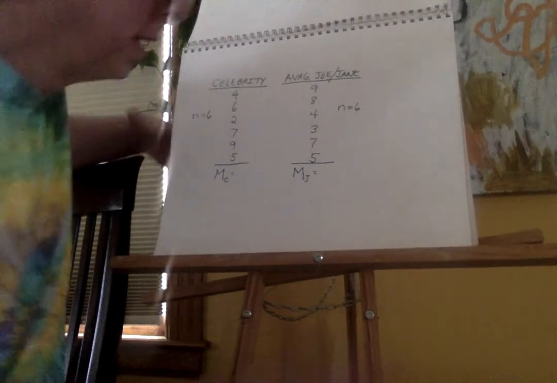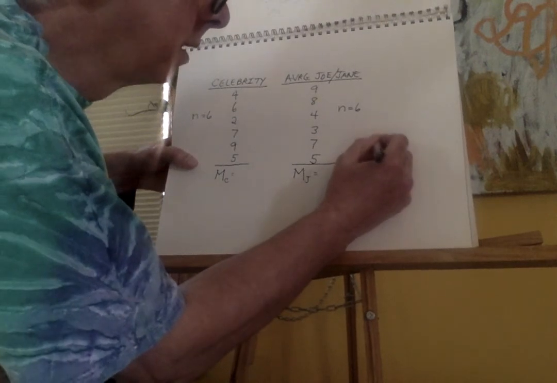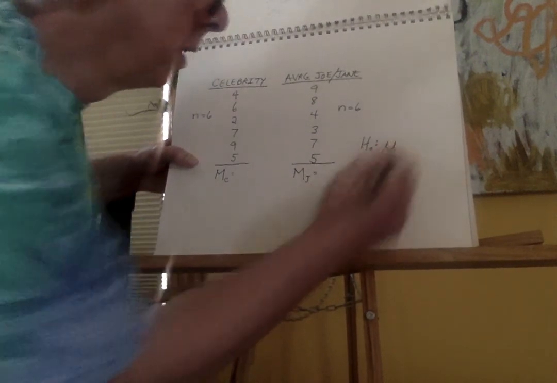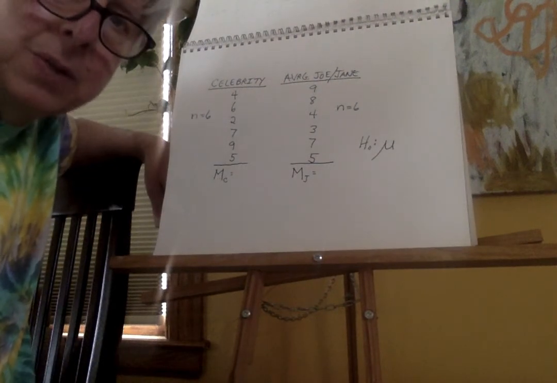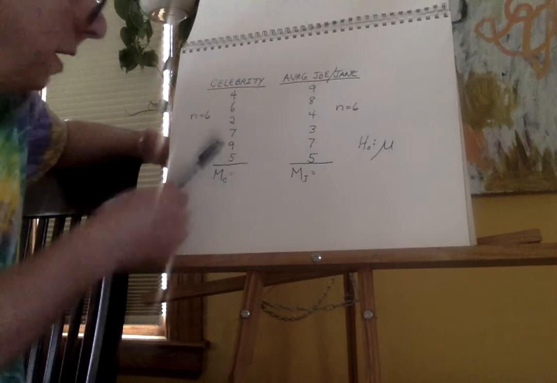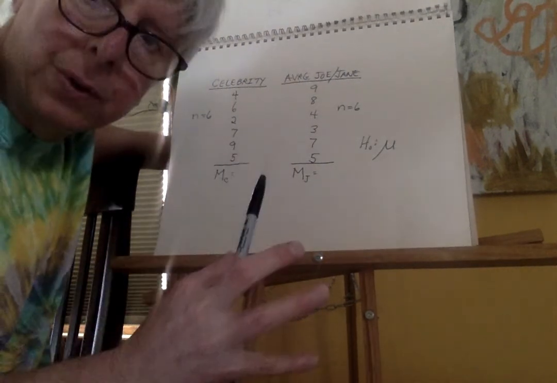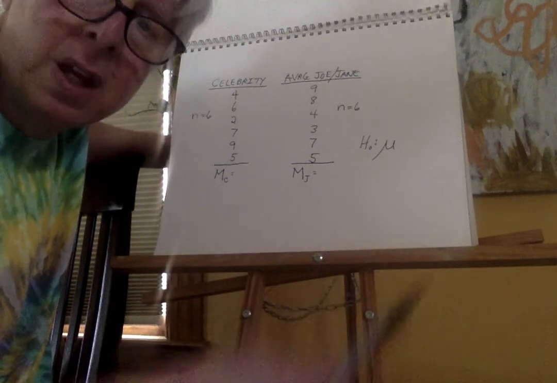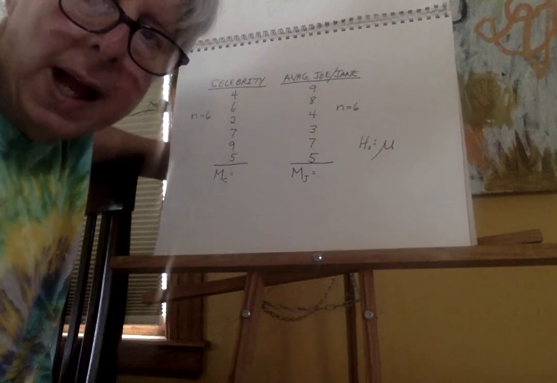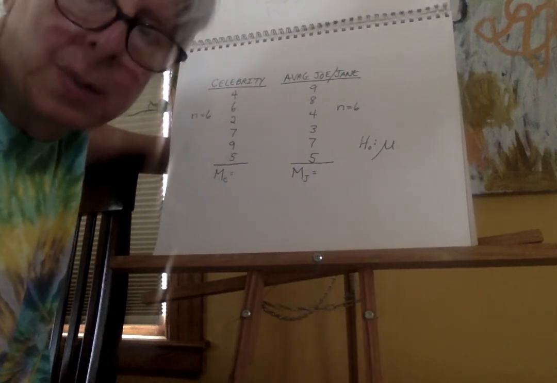Everybody got it? What would it look like? Well, the null would say that the mu, and I'm using mu here, this sometimes confuses people because what I'm saying is I'm assuming that there is a hypothetical. It doesn't really exist. This is the first time this is ever done with this product, right? But hypothetically, there's a bag of people who would watch a celebrity selling this product, right?